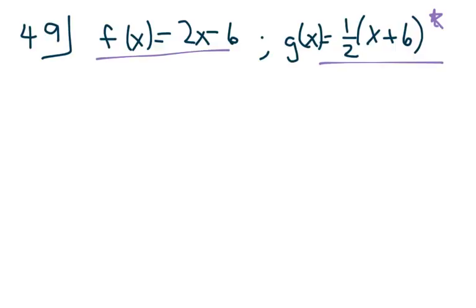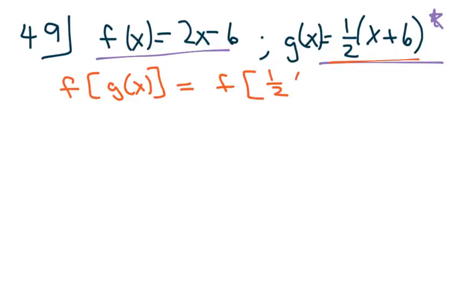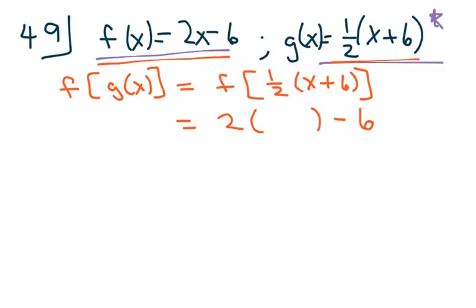So basically we're going to do the same thing we did before, f composed with g of x, which is basically f, and g of x is that, so that's 1/2 x plus 6. So I write down f, which is 2, and everywhere there's an x I put parentheses. And I'm going to dump in this.